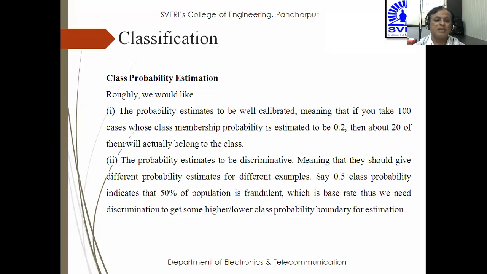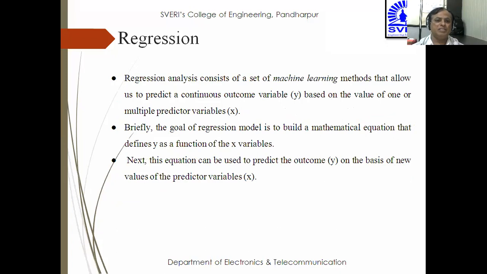Say 0.5 as the class probability indicates 50% of the population is fraudulent. So this is what class probability estimation means. Actually, you can also estimate how much fraud is done. It is not only about detecting the fraud or the spam, but also about detecting what percentage of fraud or spam has happened. So this is about class probability estimation.